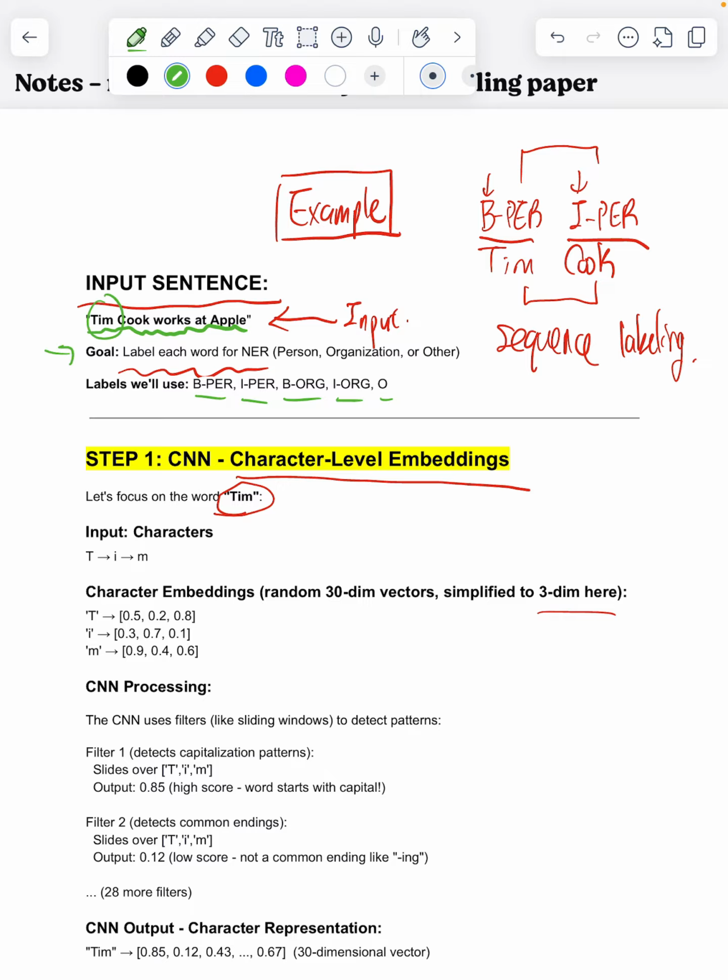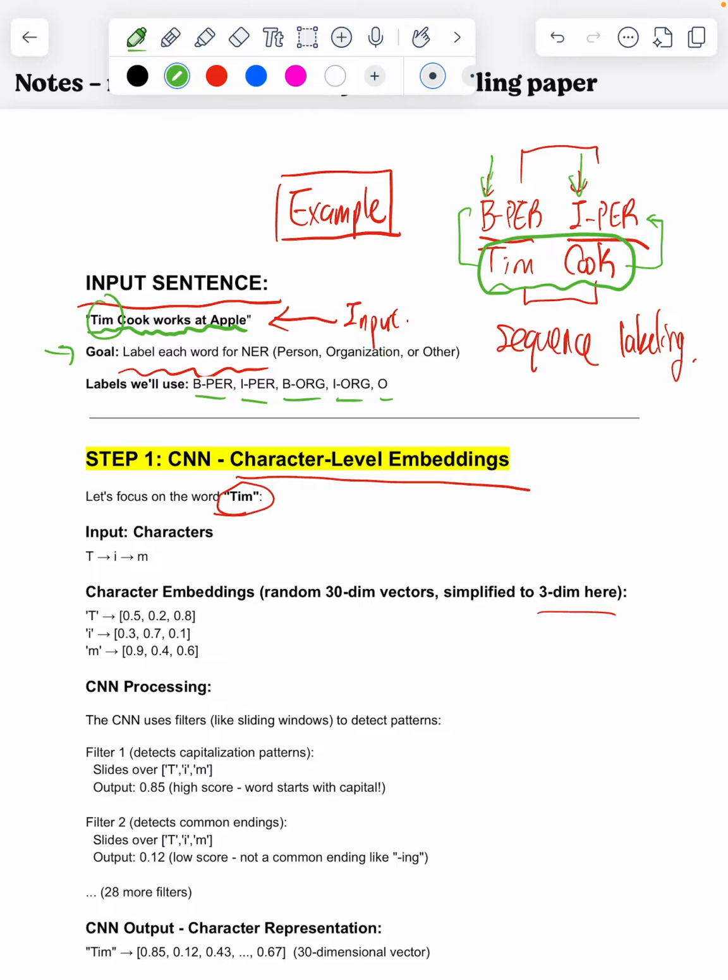So Tim would be B-PER and Cook would be I-PER. B stands for beginning, I stands for inside. So now we know Tim Cook together is a person, and we're giving context to the sentence.